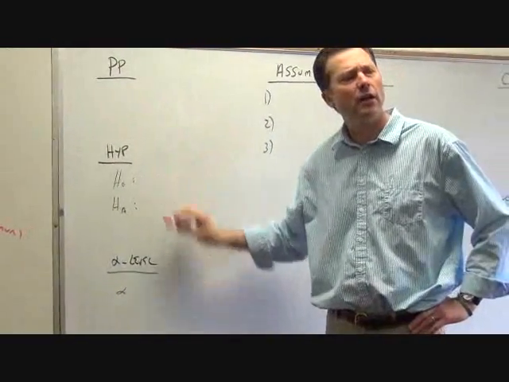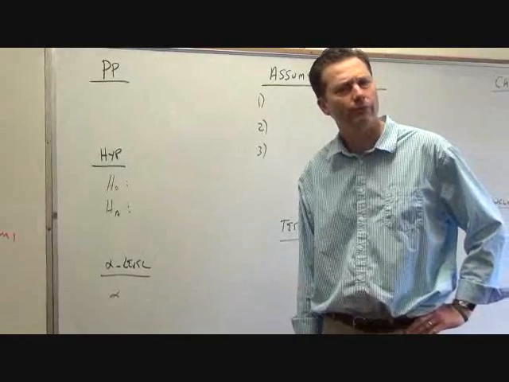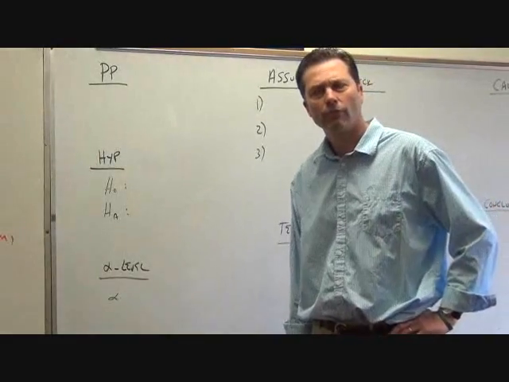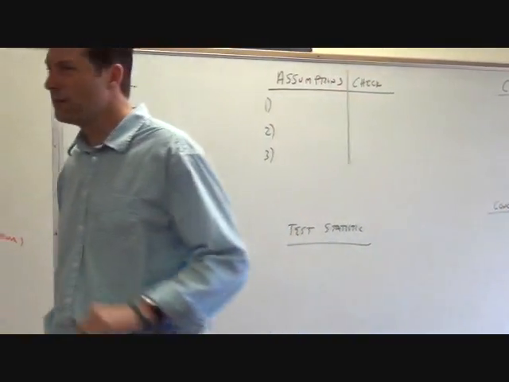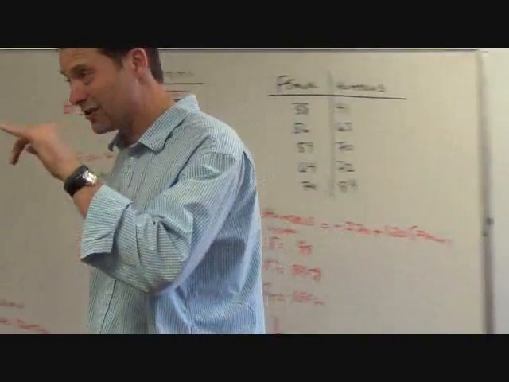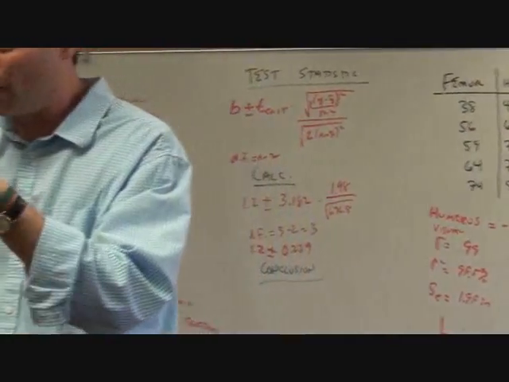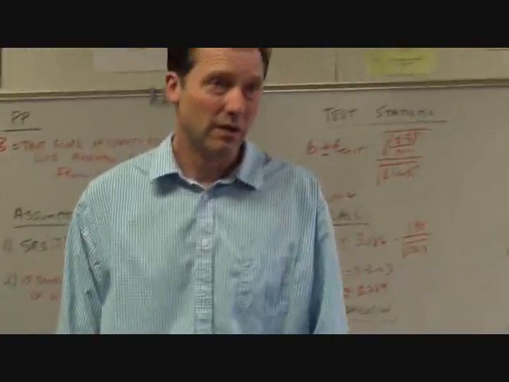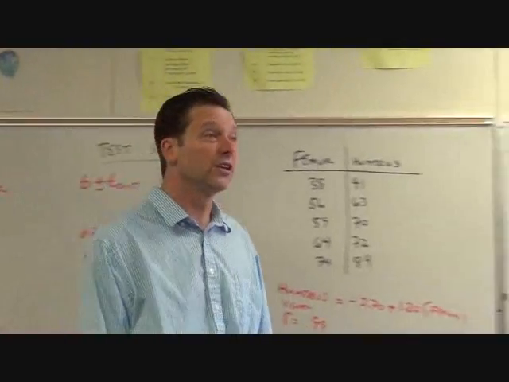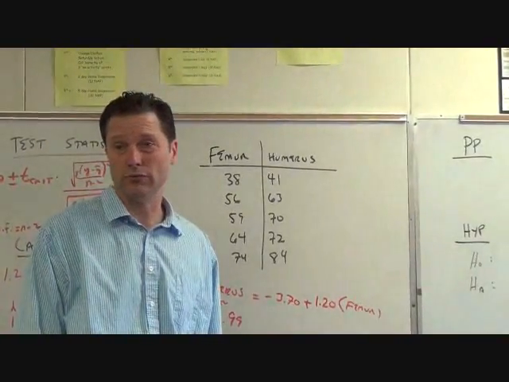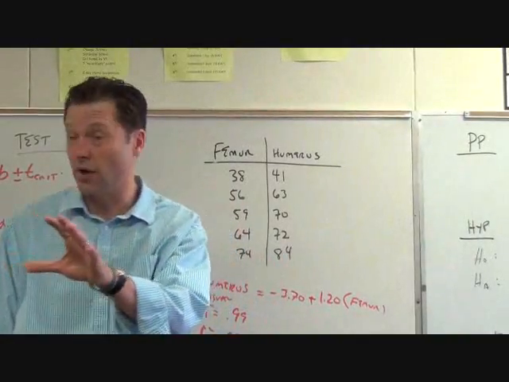All right, let's talk about the null and alternate here. Some of you, I don't know if in this class or not, got the null and alternate backwards on the chi-squared. So what are we going to assume to be true? There are two ways we can say this.